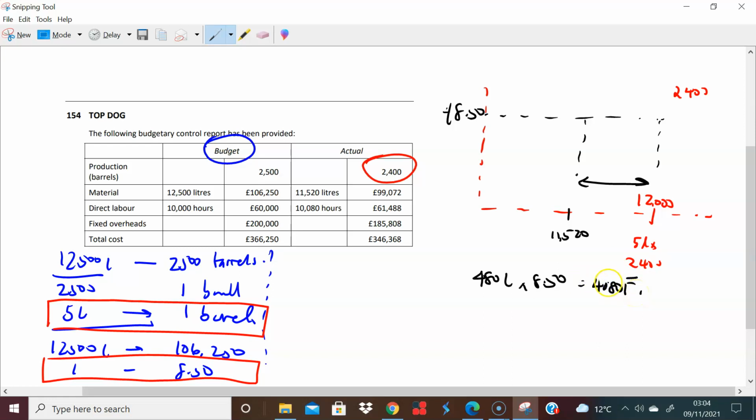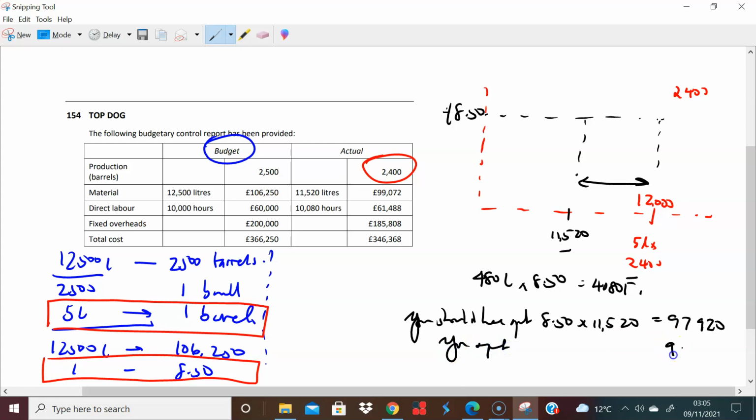Right, that's favorable. And then let's look at the price variance. This is what you did. You should have spent £8.50 times 11,520 liters, which is 97,920. But you spent £99,072.